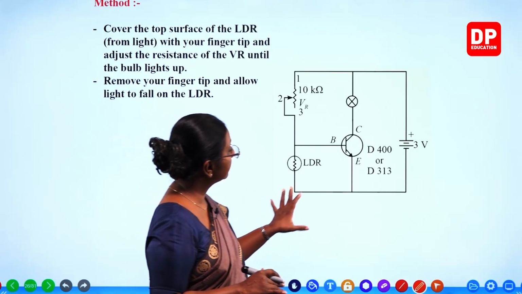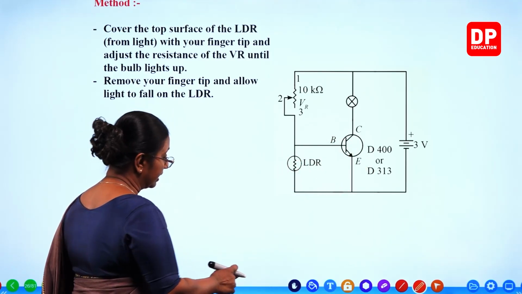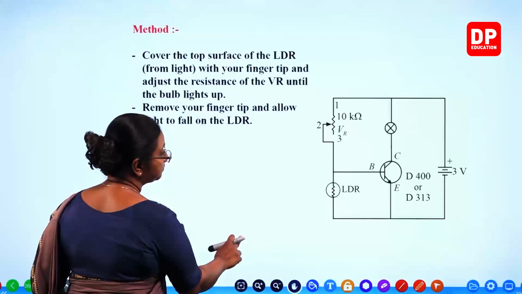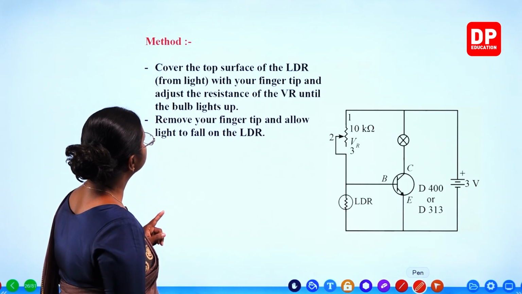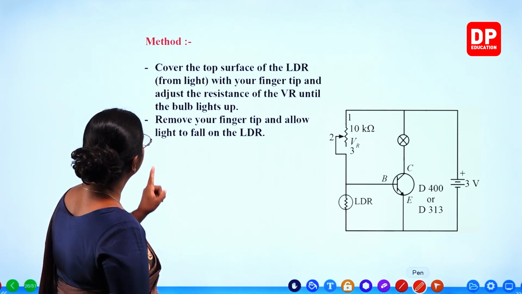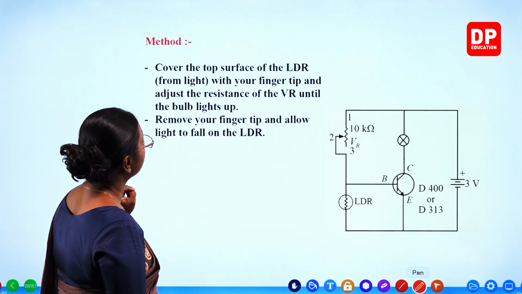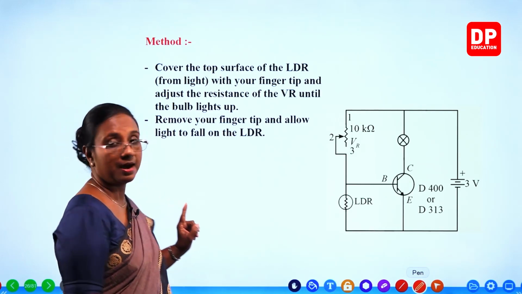So this is the circuit that has already been prepared. Now we will look at the method. Cover the top surface of the LDR from light with your fingertip and adjust the resistance of the volume controller until the bulb lights up.